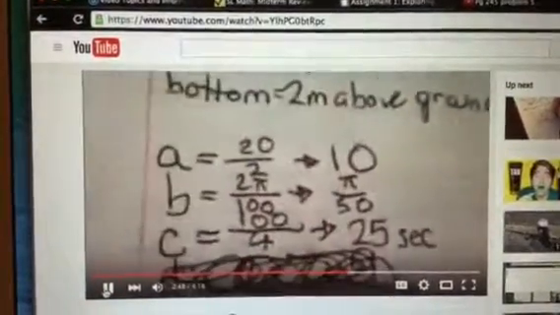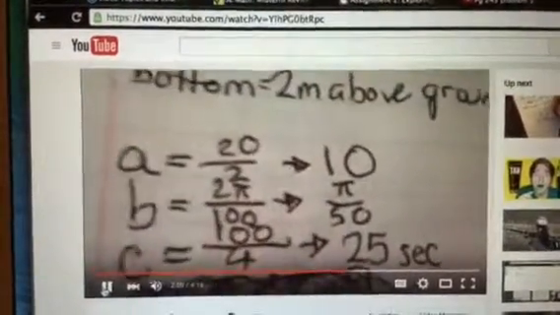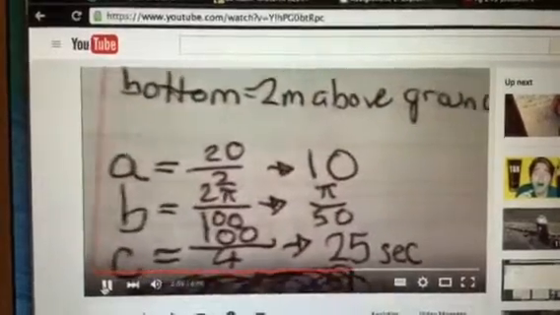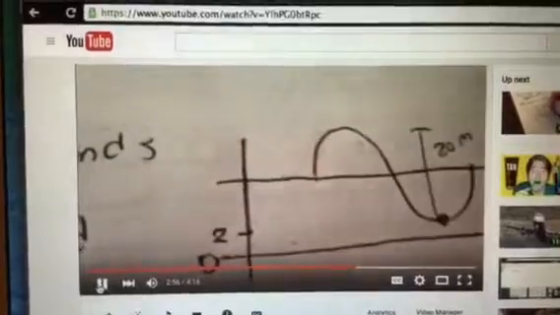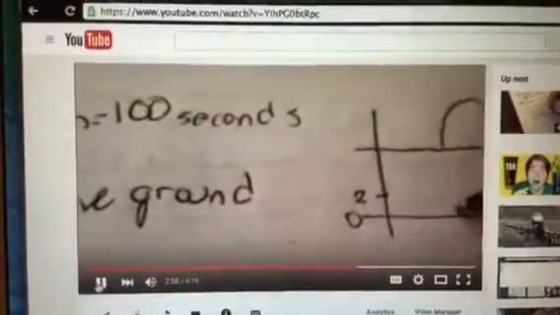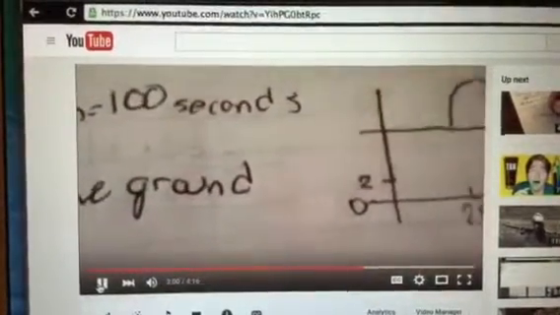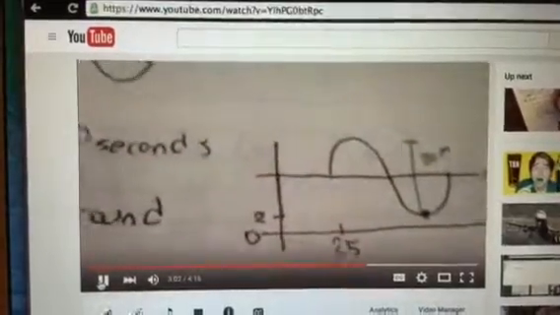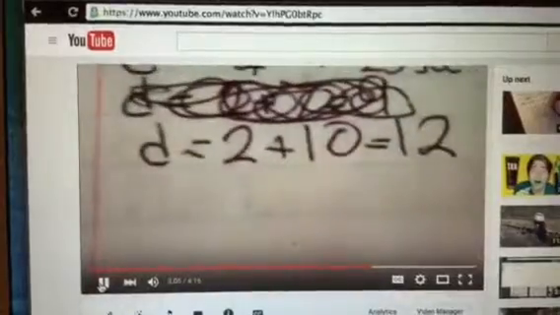And in order to find that, we took the time of 1 revolution and divided it by 4 and got 25 seconds. So I'm going to mark that right there because I like having it drawn out, even though it doesn't say we need to. So that's 25 seconds.